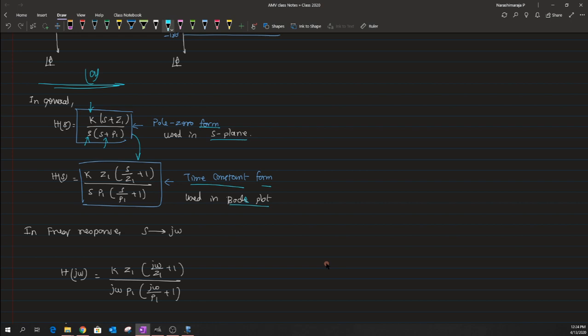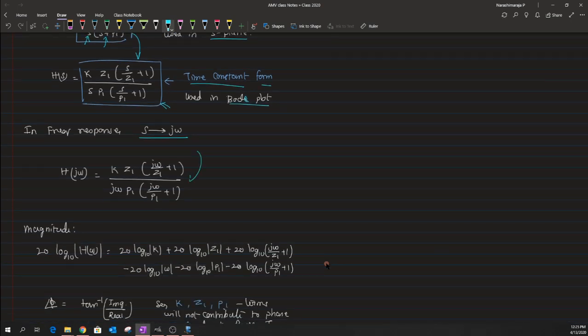It is nothing but pulling out the poles such that we end up having S divided by the pole or S divided by a 0 term. This type of form is known as the time constant form. Whenever we go for a frequency response, we just map our S term to j omega, and then we write down this transfer function in terms of j omega.